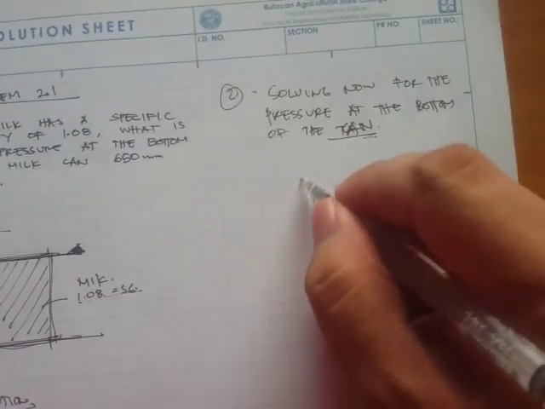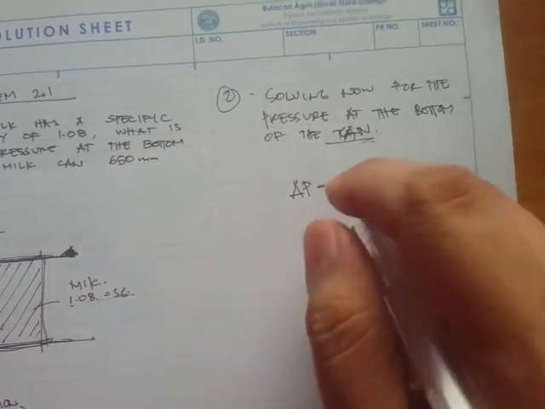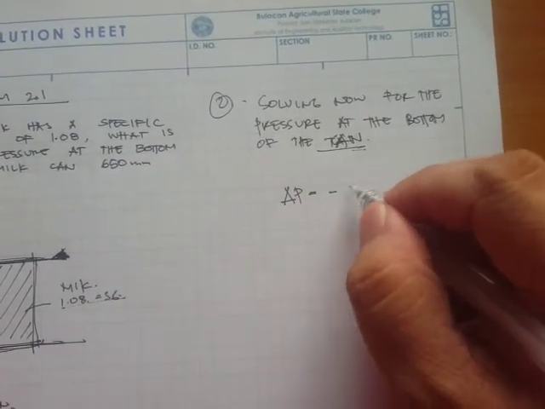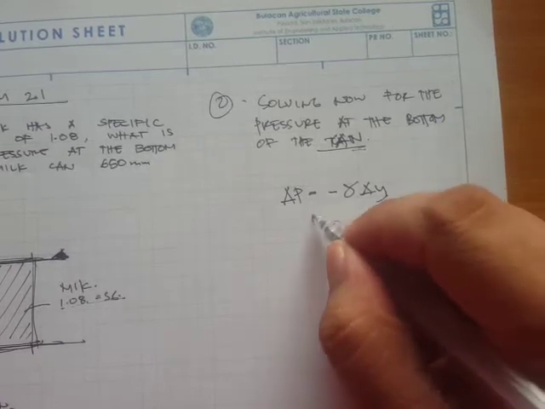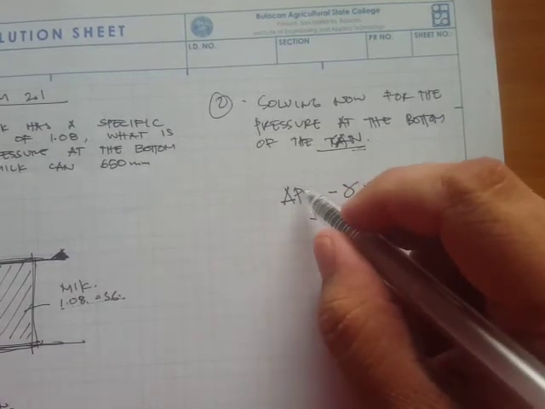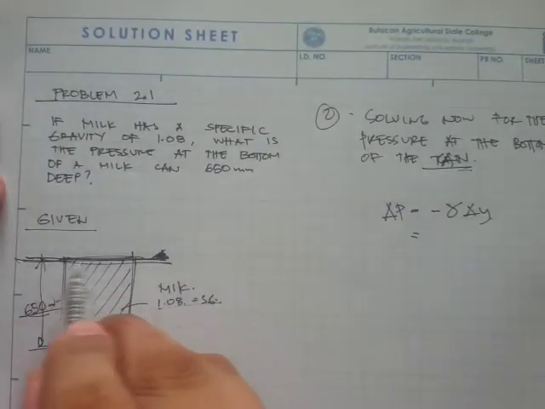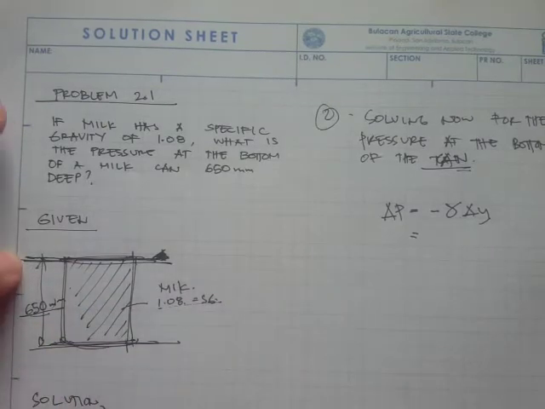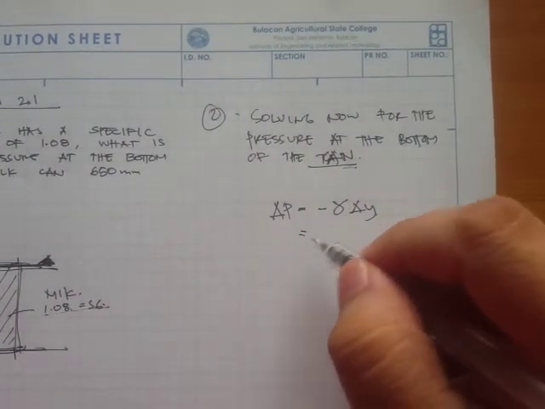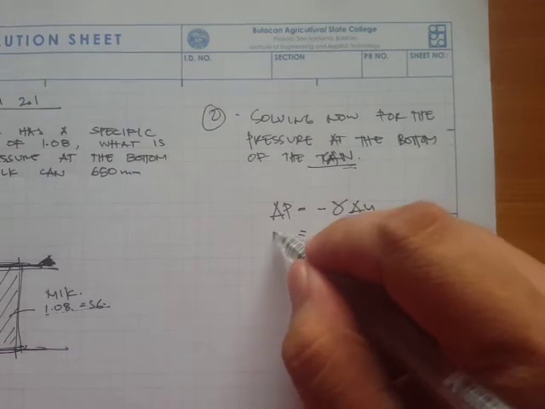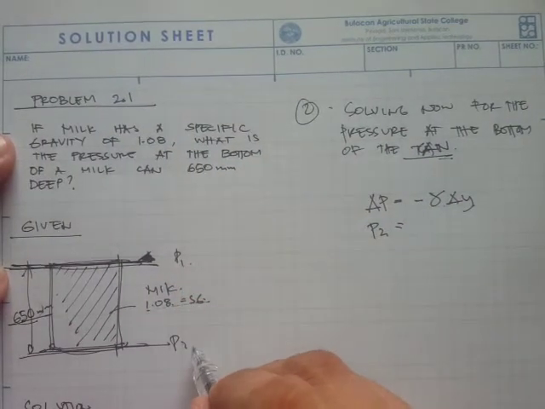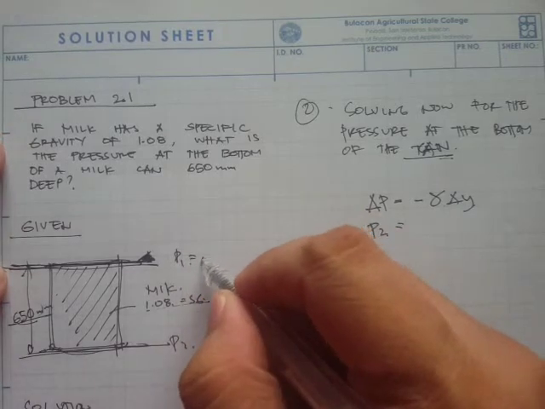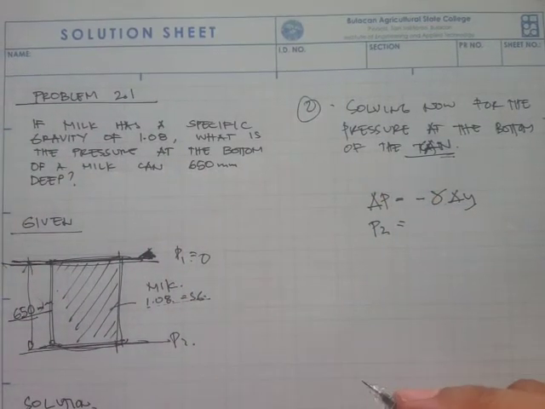So we have delta P is equal to negative the unit weight times delta Y. If our reference is this line, let's say this is 0, this will be P sub 1, then this will be P sub 2. Let's assume that this one is 0 for now, because it doesn't say if it is open or not.